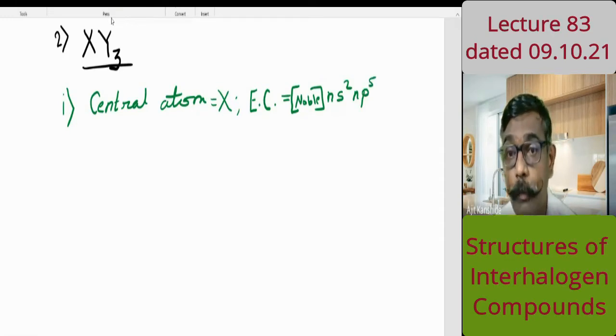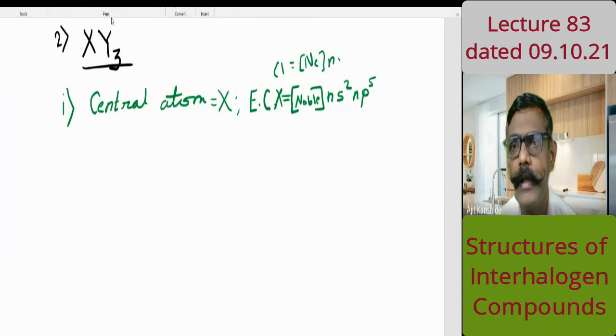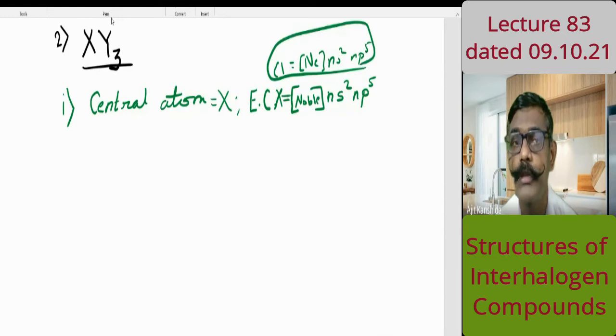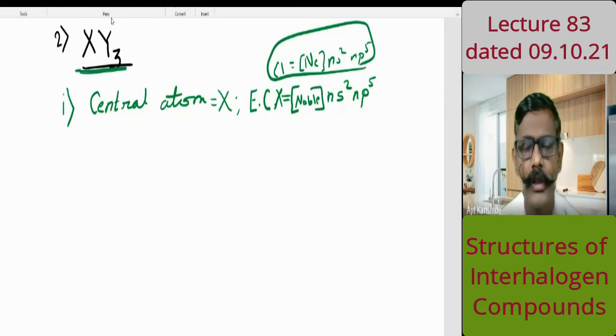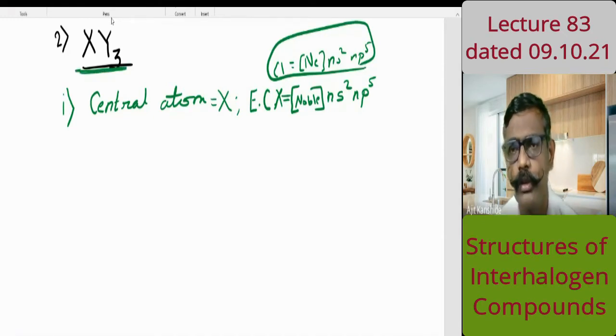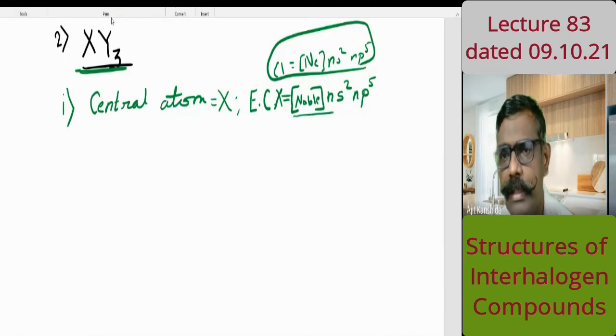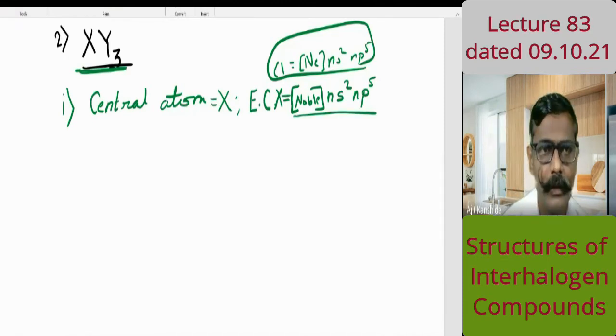If chlorine is there, you write chlorine's configuration. Which noble gas will you consider? Neon, and then 3s2 3p5. Likewise you will write, depending on which molecule you are considering. I am talking about a general XY3 molecule, so I am considering any general noble gas.